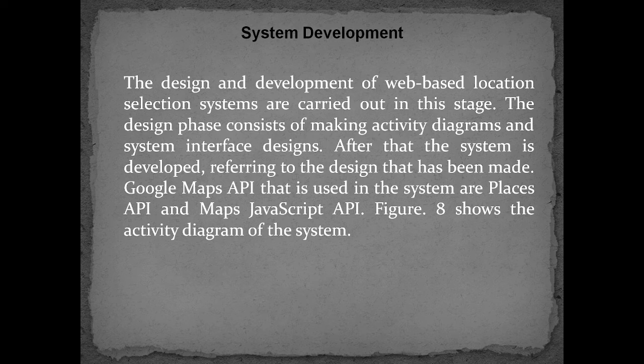The Google Maps APIs used in the system are Places API and Maps JavaScript API. Figure X shows the activity diagram of the system.